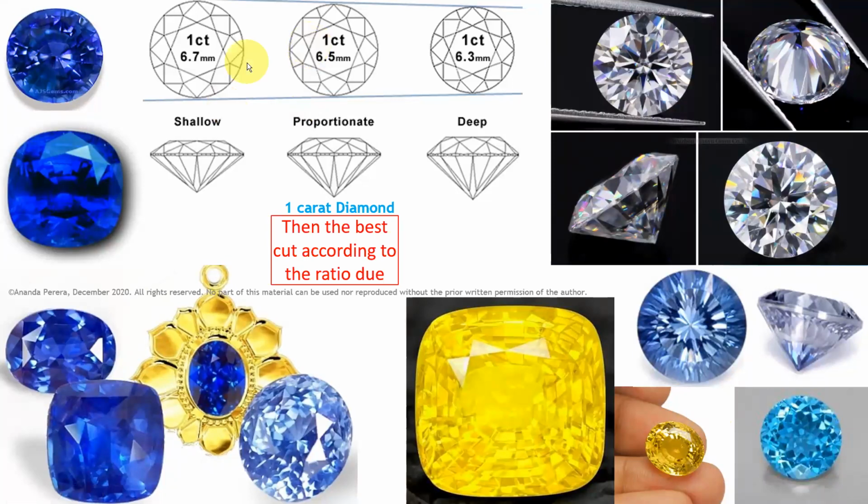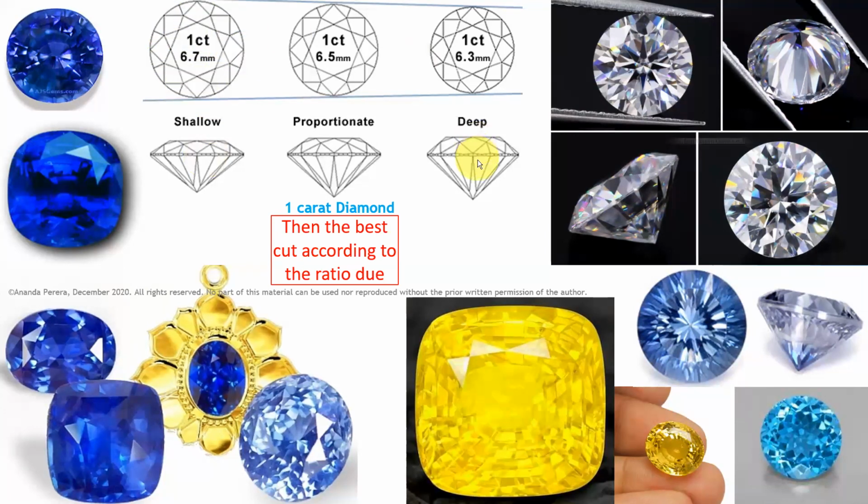Then you have to think about this diagram. If we cut proportionally a 1 carat diamond, it has a 6.5 millimeter diameter. If it is shallow, not enough depth, it would be 6.7 millimeter. It gives light leak.